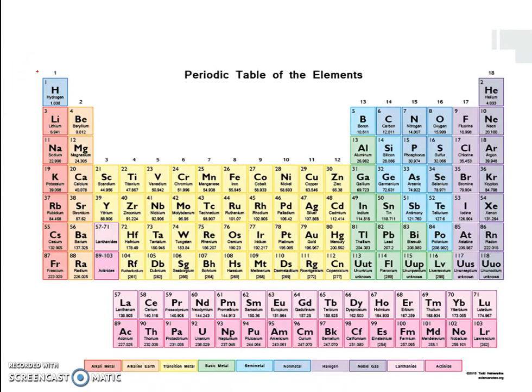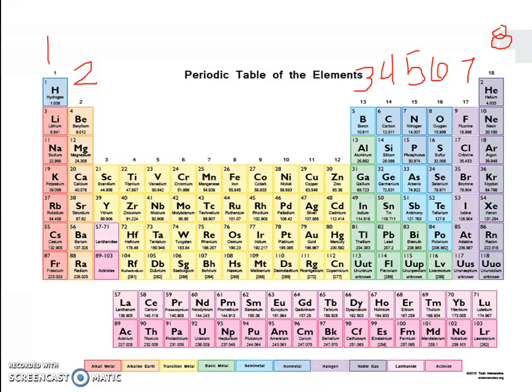So for valence electrons, anything in group number 1 will have 1 valence electron. If it's in group 2, it will have 2. And then if we skip over 3, 4, 5, 6, 7, and 8.